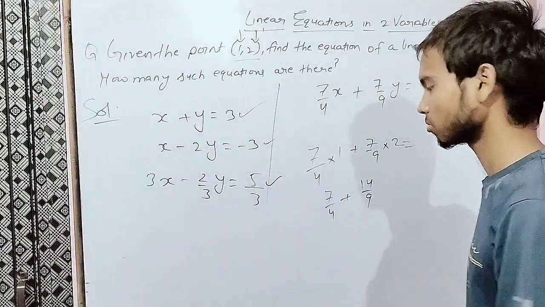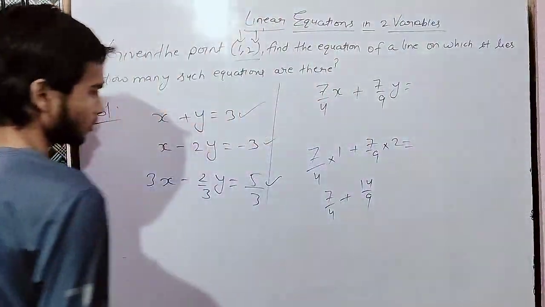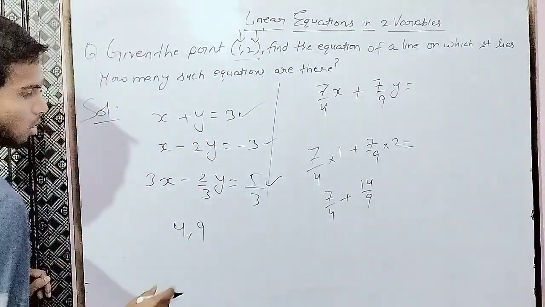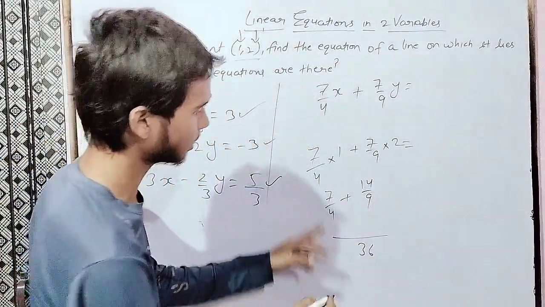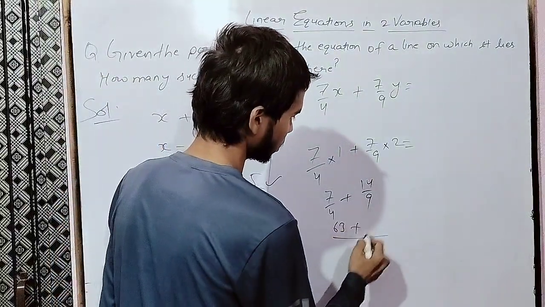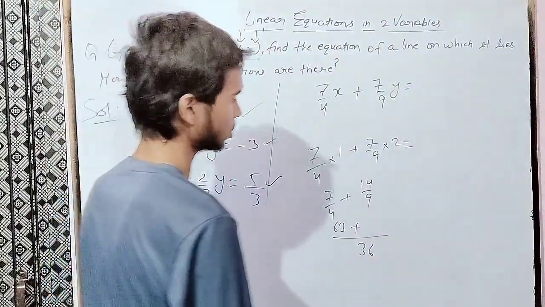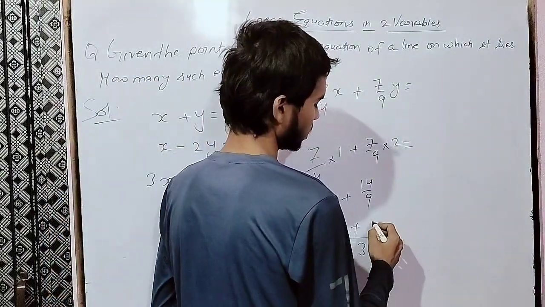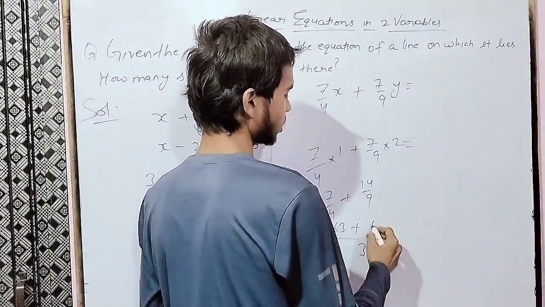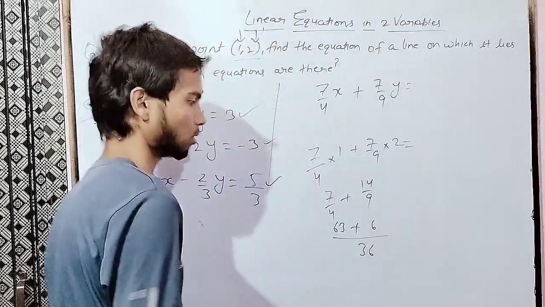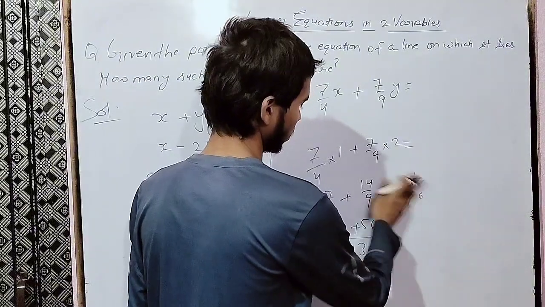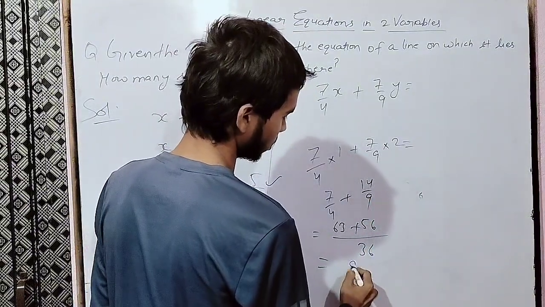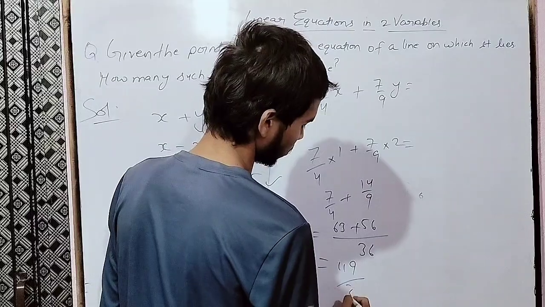Further is the question, as you know. Otherwise we can, okay, 9 sevens and 9 fours. So 4 fours are 16, and 4 fives. 4 fours are 16. So it will become 9, 11 upon 36.